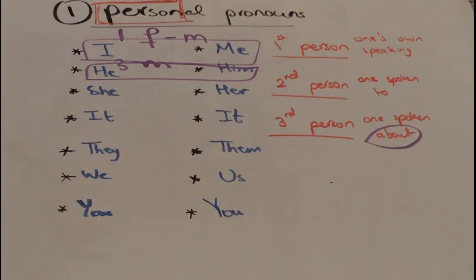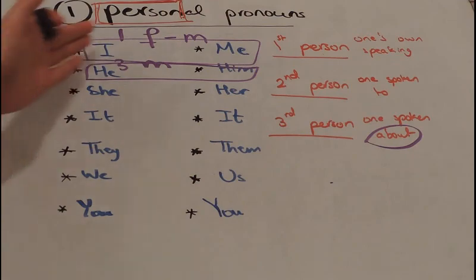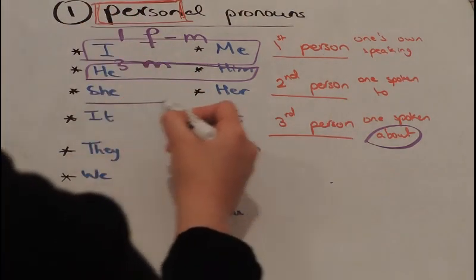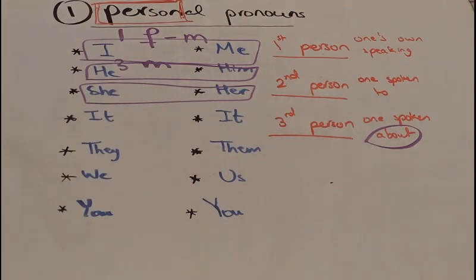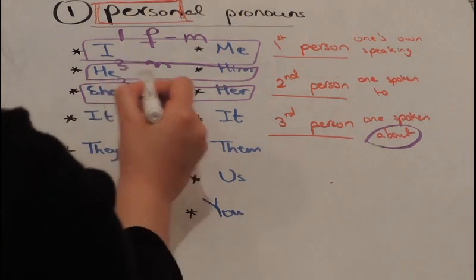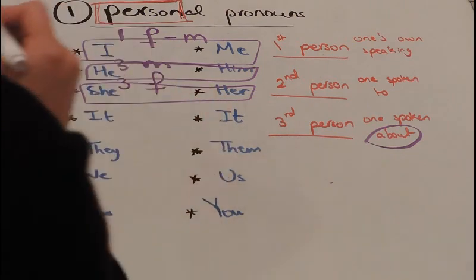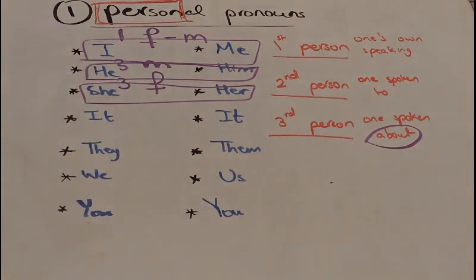Moving on to she and her. Exactly like he and him. I might be talking about someone who might not be there. Remember the word about. About refers to third person. So, third person, only F, female. She and her are for female humans.